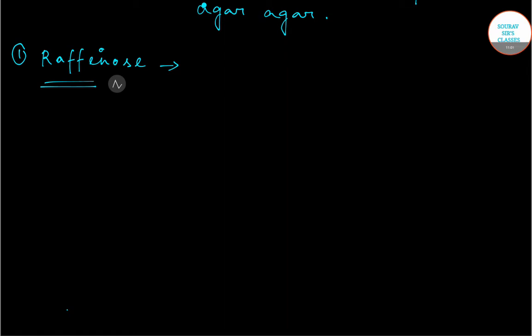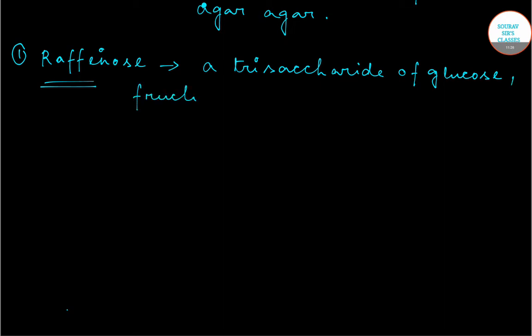Raffinose is basically a trisaccharide of glucose, fructose and galactose.